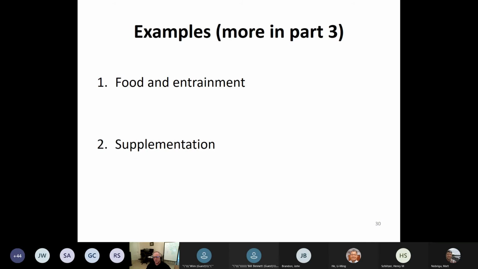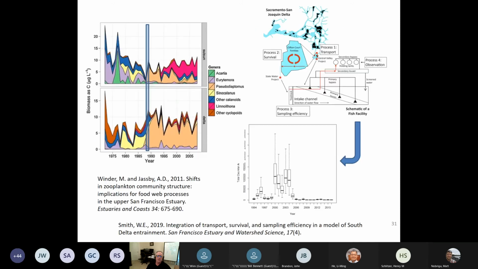So I'll show you a few examples, and then you'll see a lot more in part 3 if hopefully you stick around. I'll show you a food and entrainment question we had and a supplementation question that was posed. On the left, that's a paper by Winder and Jassby. There's been a lot of work done here.